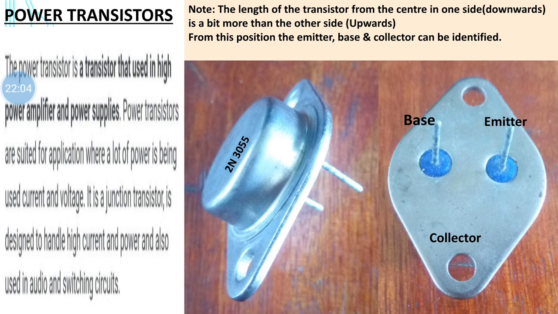Here you can see the length from here to the bottom is much more than the length in the upward direction. In this position, you can identify the base as this one, and the emitter as this one. And the body of the power transistor is taken as the collector.